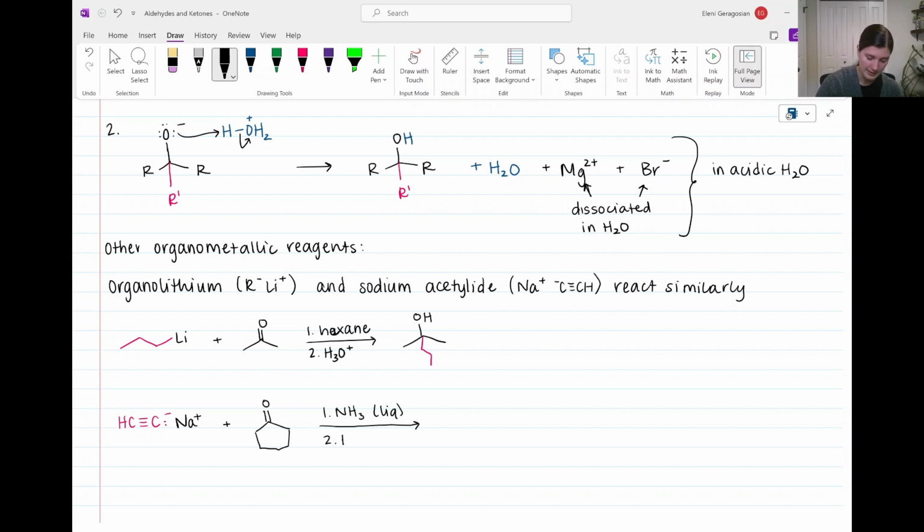And then again, we add an acid in the second step, H3O+. And again, the carbonyl oxygen is now an alcohol group, and then the carbonyl carbon is now bonded to that acetylide group. So these other organometallic reagents react in the same ways as the Grignard reagents.